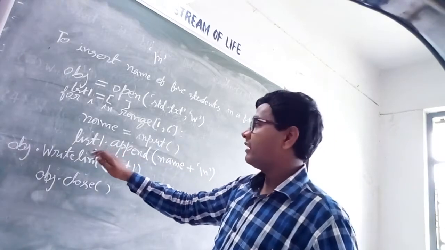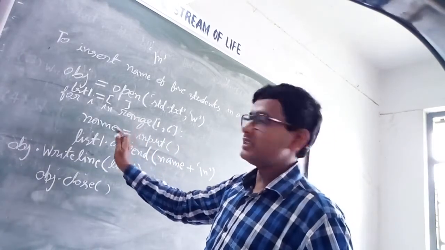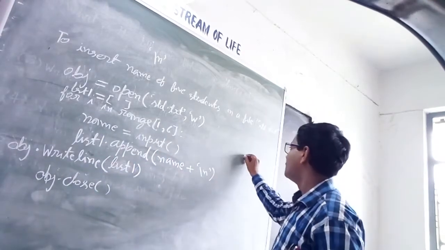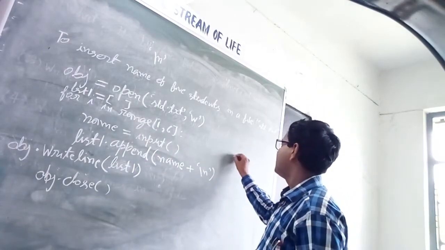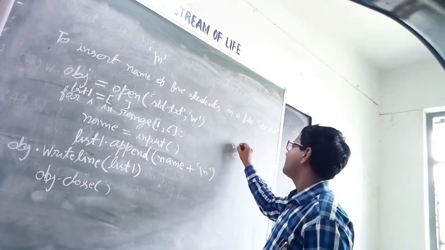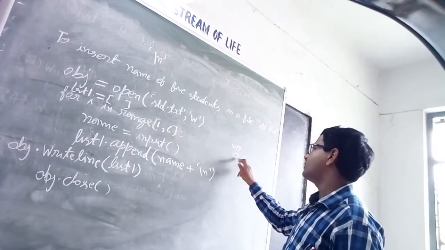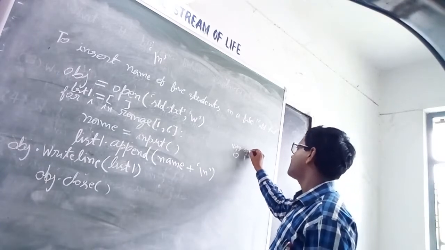Next time we give the entry Ajay, then it is added at place 1. Vijay is stored at 0 and Ajay is stored at 1 and so on.